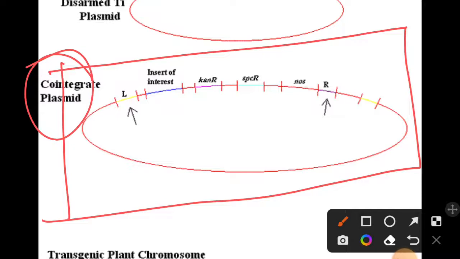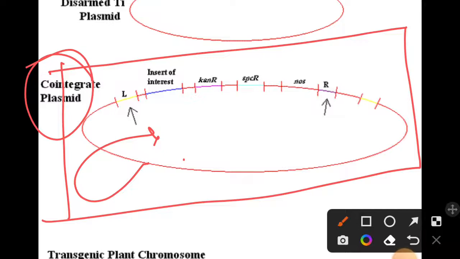according to our choice. Now after the creation of Agrobacterium tumefaciens containing our plasmid of interest, we will simply infect a cut segment of plant tissue with it.